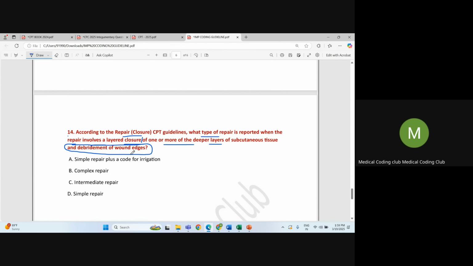But in this question, they also said there is a debridement of wound edges. In our complex repair coding guideline, it clearly says when the documentation says exposure of bone, exposure of cartilage, and debridement of wound edges, all of this will contribute towards complex repair. So 14th question, answer is B.